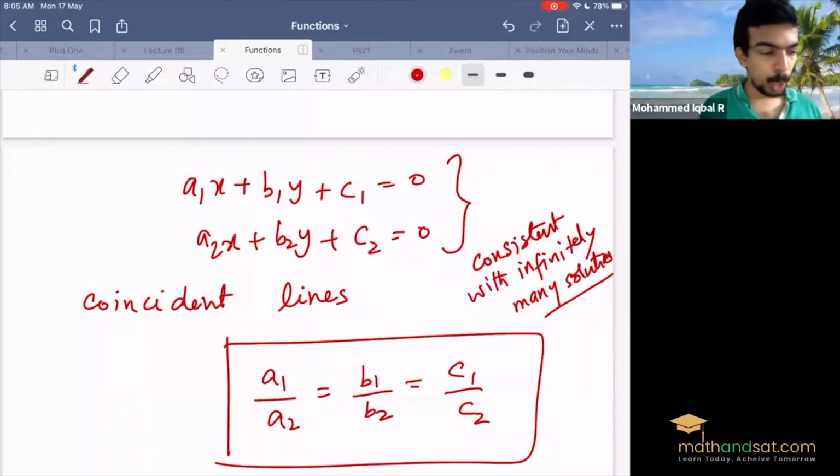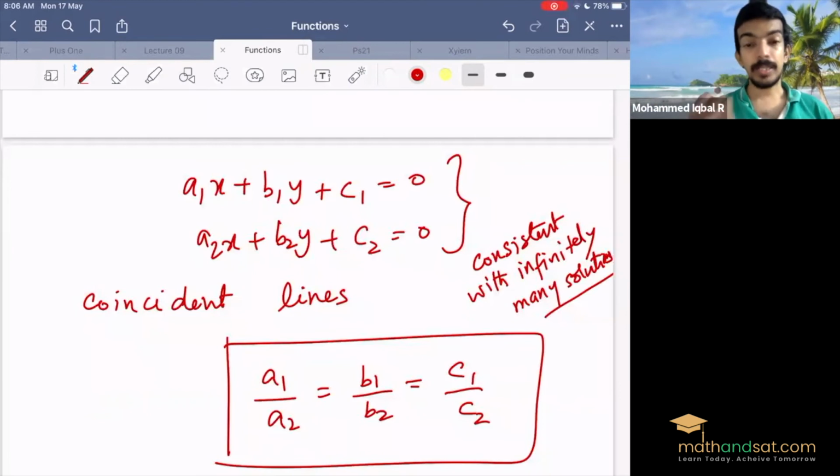Coincident lines is clear for everyone. Coincident lines means they represent the exact same line, which means the coefficients will be proportional. It also means that the system has infinitely many solutions, and we say the system is consistent. Consistency means it has some solution.